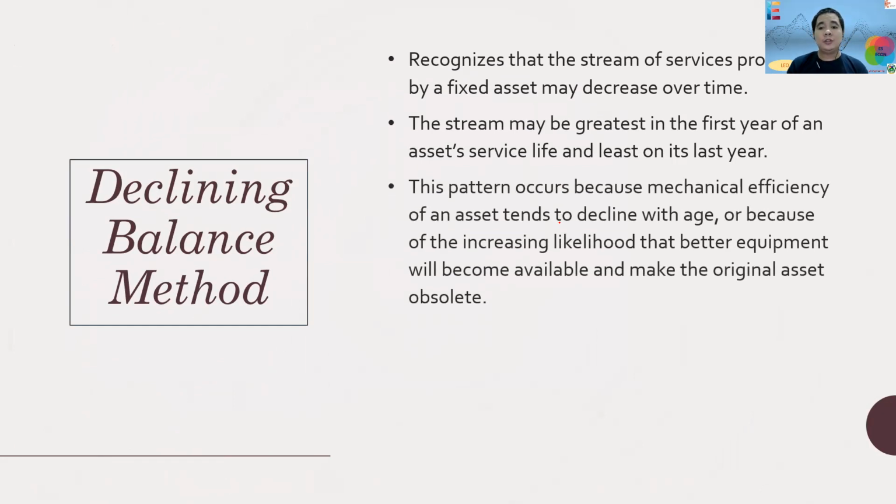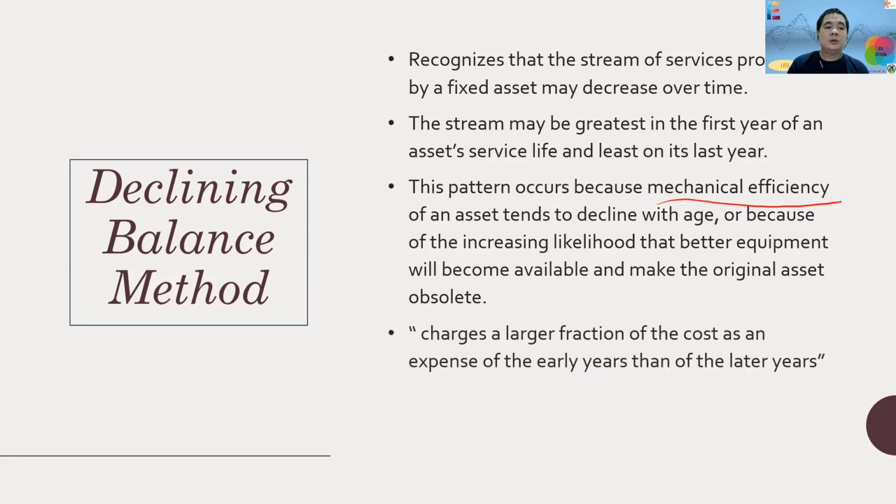This pattern occurs because the mechanical efficiency of an asset tends to decline with age, or because of the increasing likelihood that better equipment will become available and make the original asset obsolete. So we will be charging a larger fraction of the cost as an expense in the early years of the machine and lower in the later years.